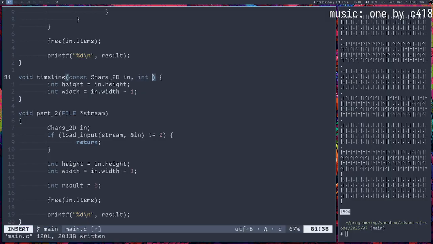And we probably want it to accept the x and y coordinate. So this function timelines should return the number of timelines, of course, that a particle could split into starting from this coordinate.